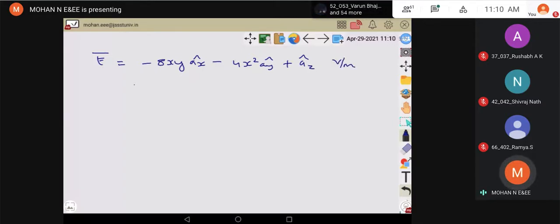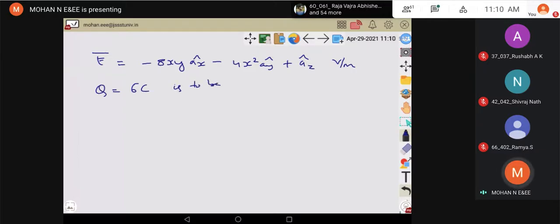The electrostatic field is given by E vector, that is equal to minus 8xy into ax cap minus 4x squared into ay plus az volts per meter. Okay, continue.